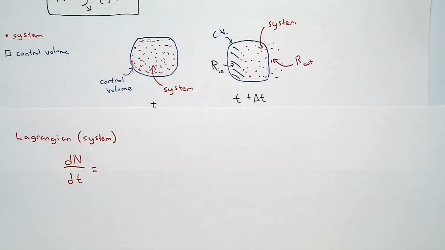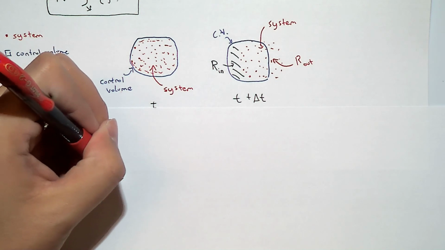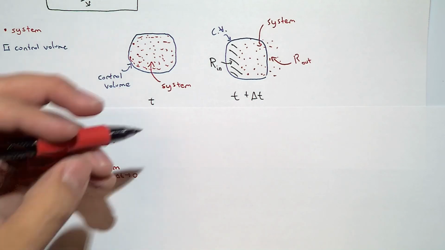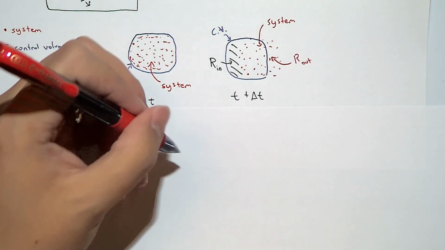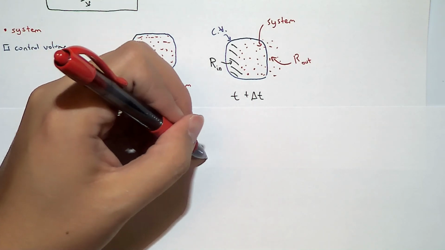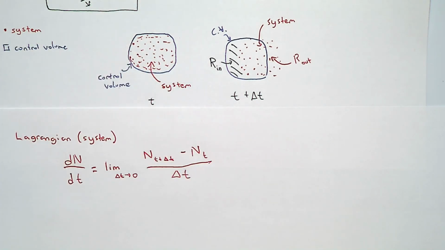Just so you remember, your derivatives are simply limits: the limit as delta t goes to 0 of my extensive property at t plus dt minus my extensive property at t, divided by the finite change in time delta t. So we have a derivative of N with respect to time, and we express this derivative as a limit, which is simply how we normally calculate derivatives in calculus, okay?